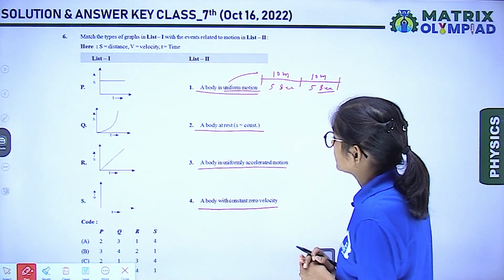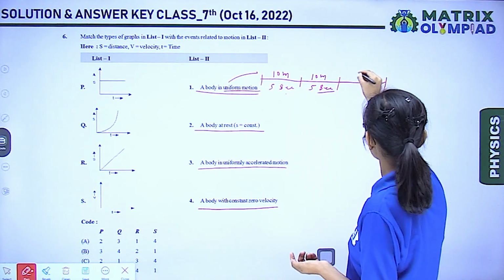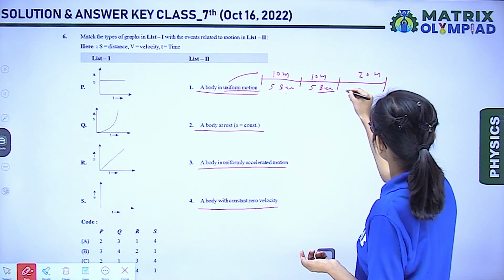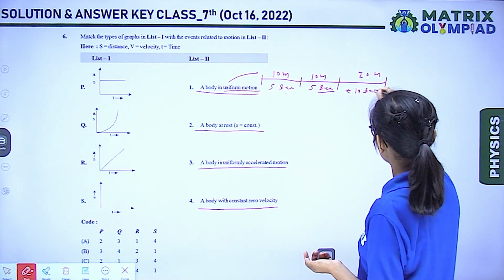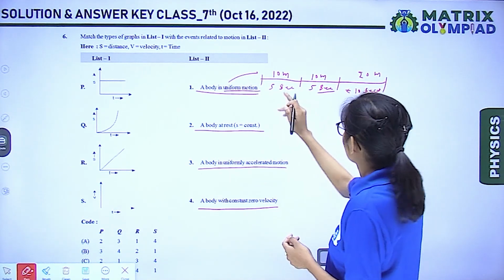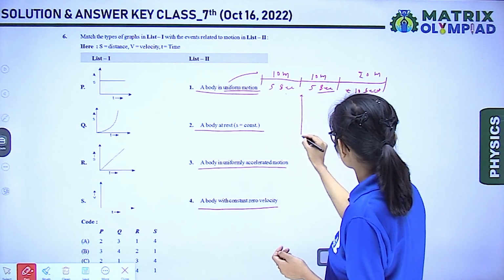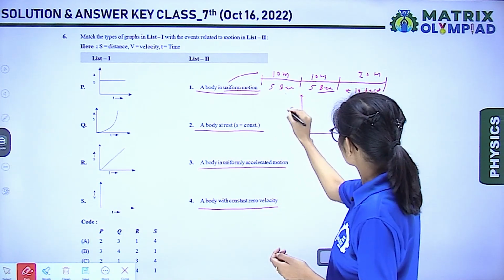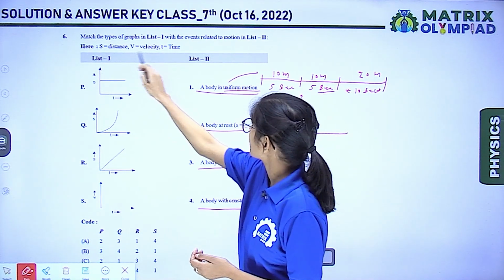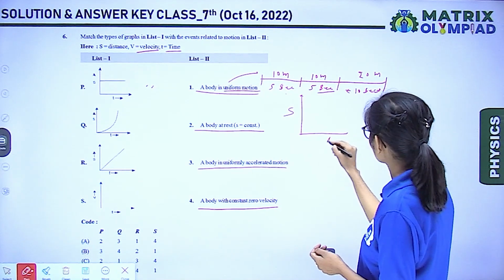And if it is 20 meters, it will be covered in 10 seconds, because your speed and velocity will be constant in uniform motion. So this type of graph is concerned with the first option, where S means distance, V means velocity, and T means time.